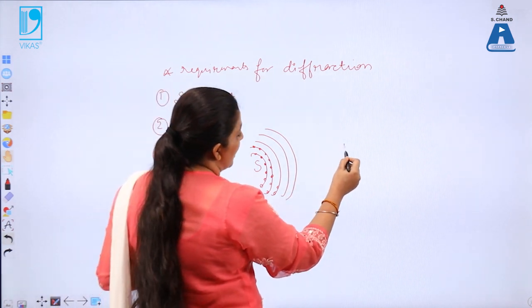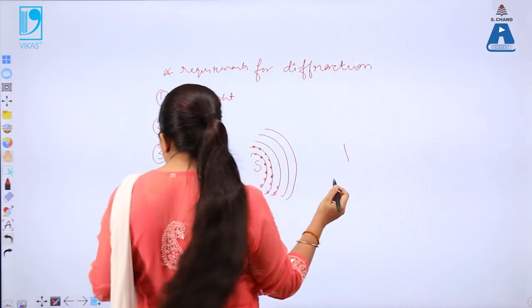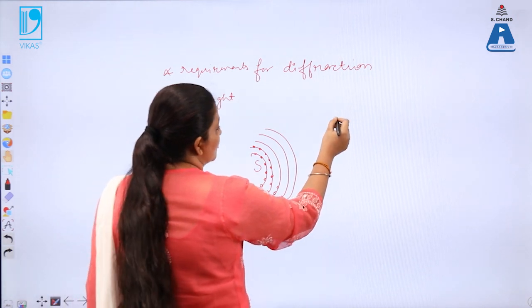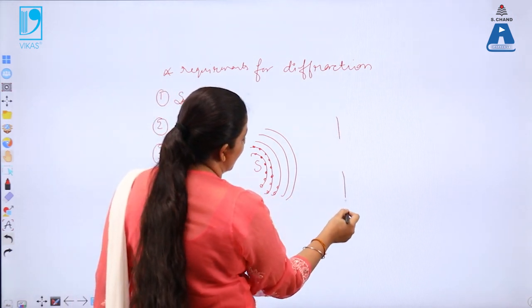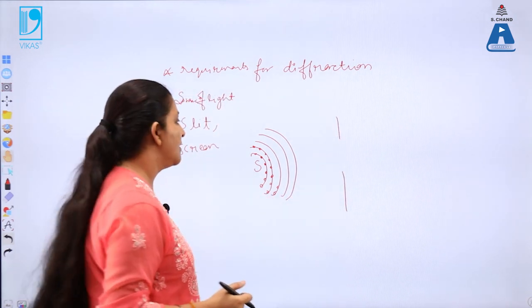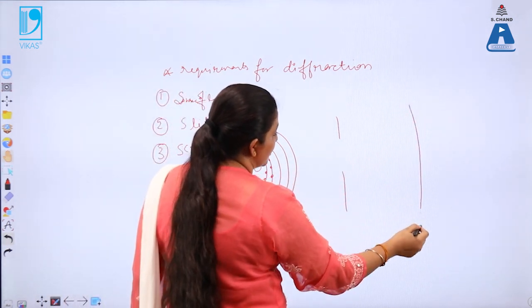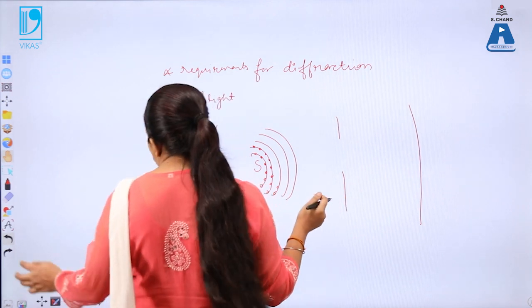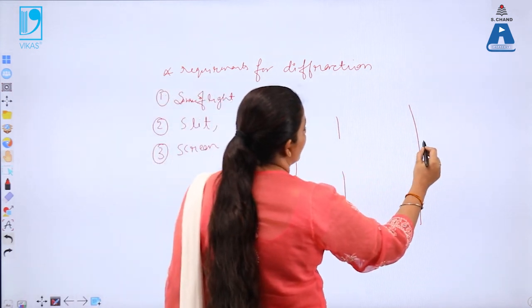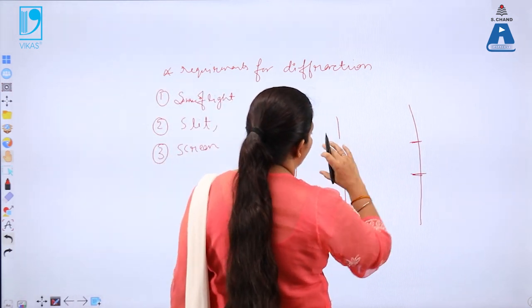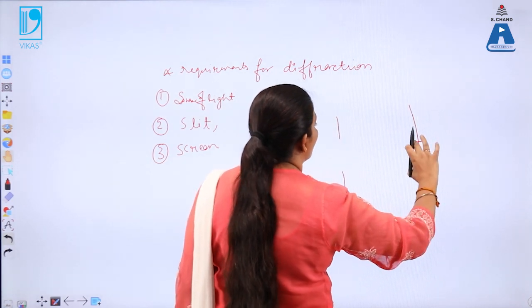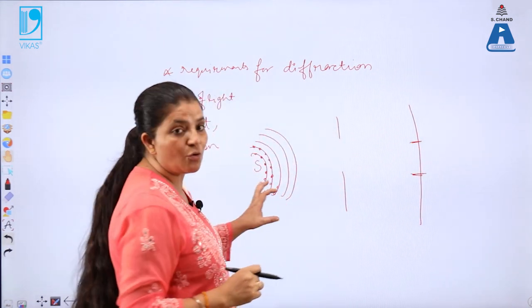Now when a slit is present in the path of light, what will happen to the light? In the normal picture, we get the shadow of this slit, similar to when there is no light.